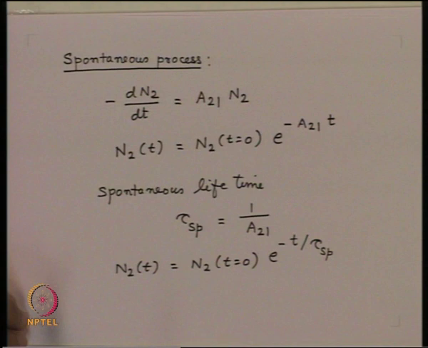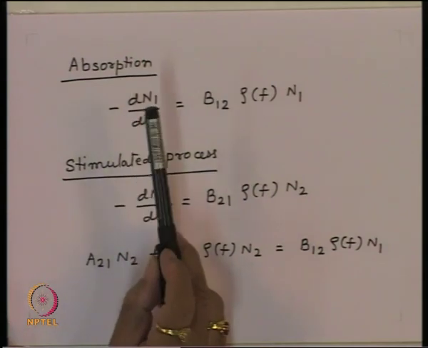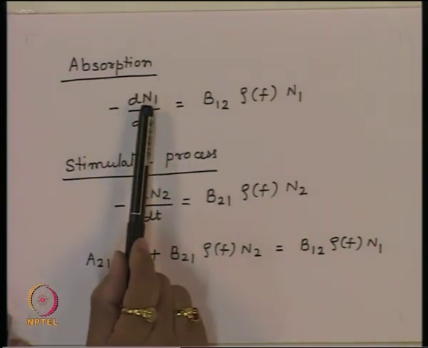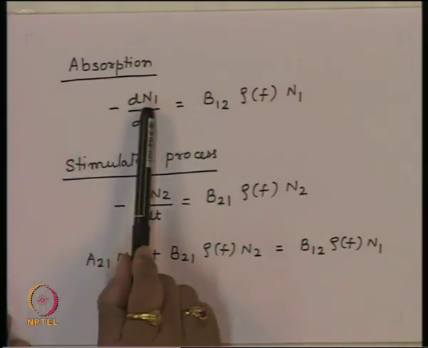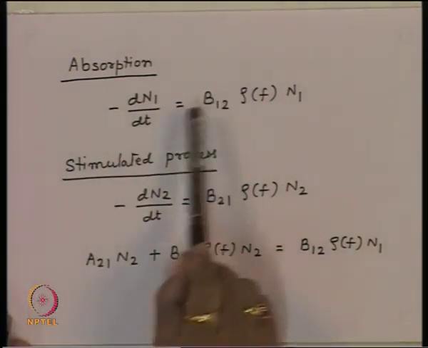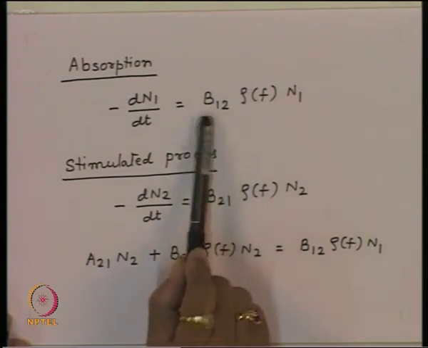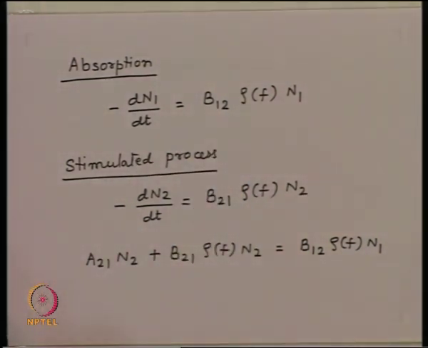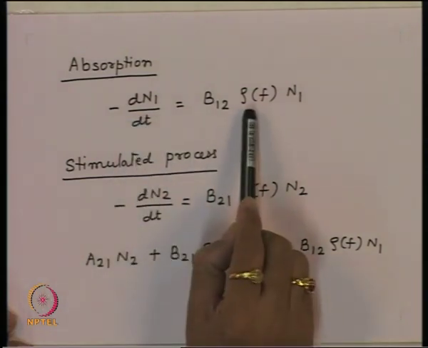A similar exercise we did for the other two processes, the absorption process and the stimulated process. And here we said the rate of depletion of electrons in the lower energy state will be equal to this transition probability, which is given by this constant B12. But this process also depends upon the photon flux.